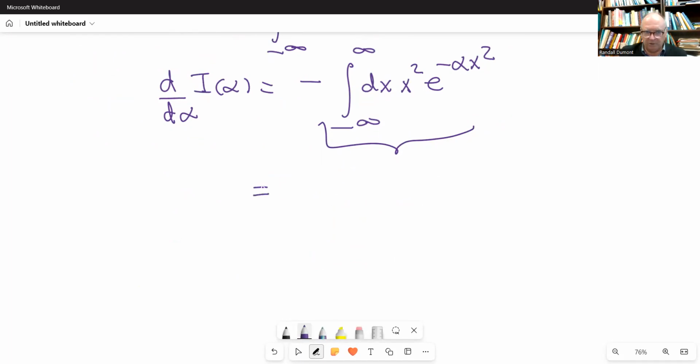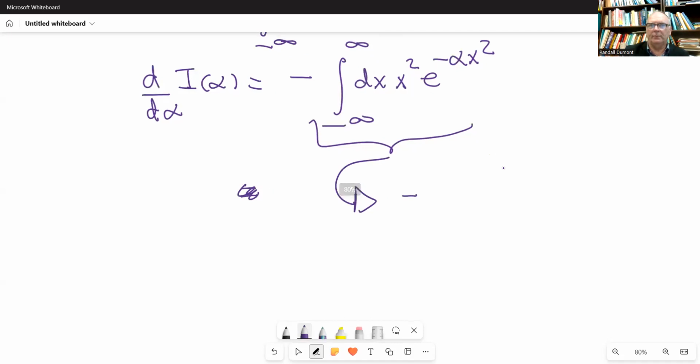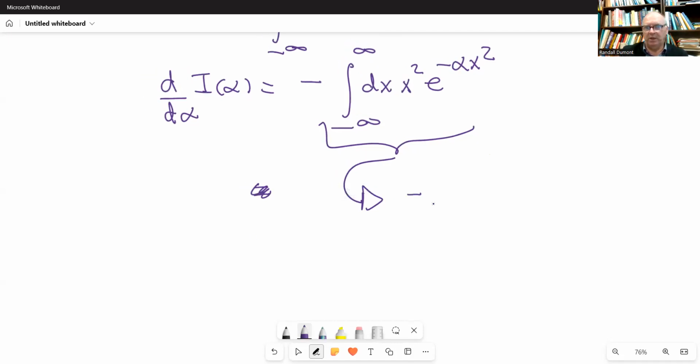So I just want to look at this integral. Forget the minus sign for now. That's equal to minus the derivative with respect to alpha of I of alpha, which we know to be pi to the 1/2, alpha to the -1/2.